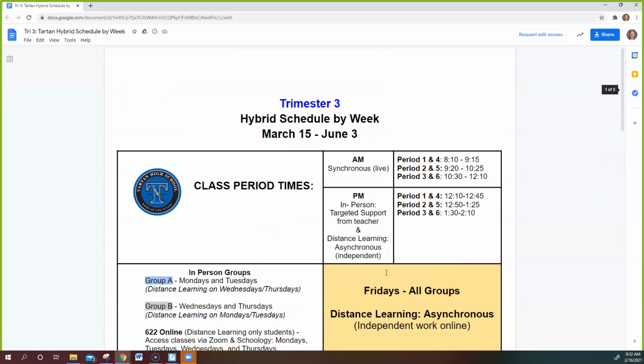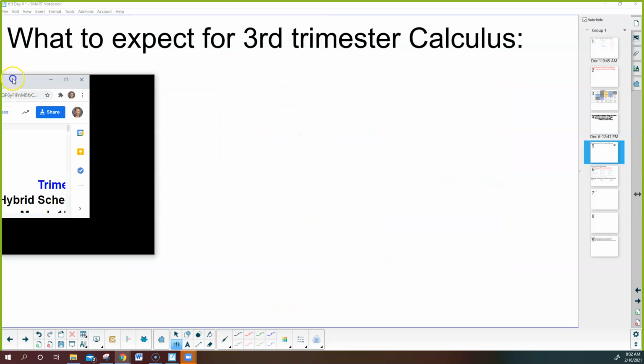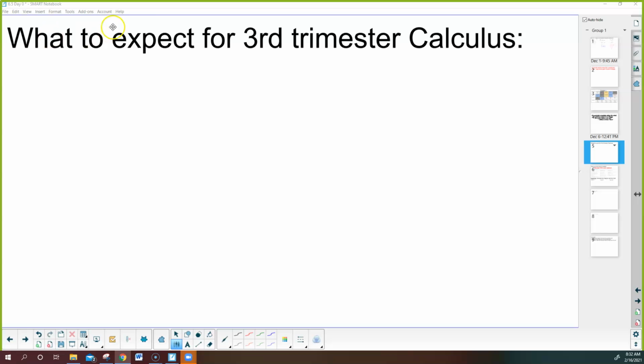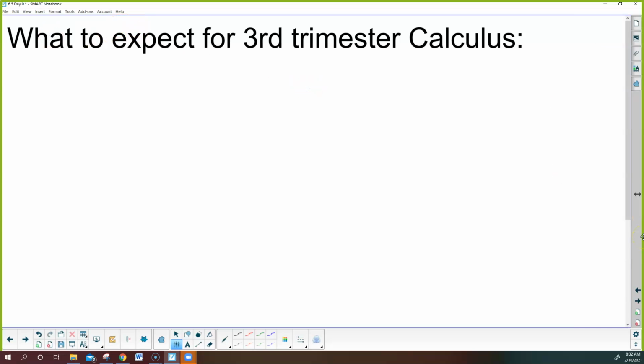All right, so the reason why I want to show you that is also to help frame your mind for what's happening third trimester calculus, because you need to know what the expectations are. And I want to make sure that if you're planning on taking the AP test, you are going to have as much practice as possible. So what can we expect for third trimester? We have to cover 2 units.